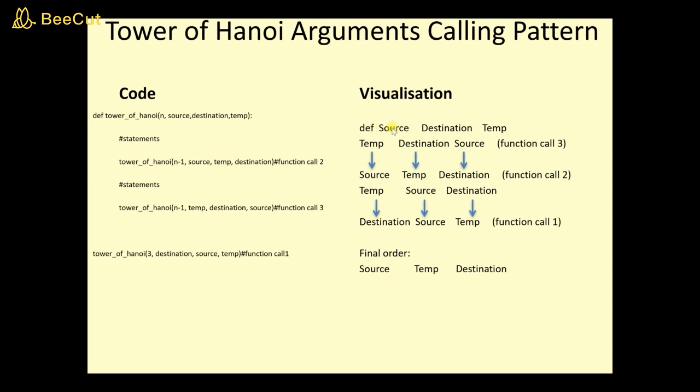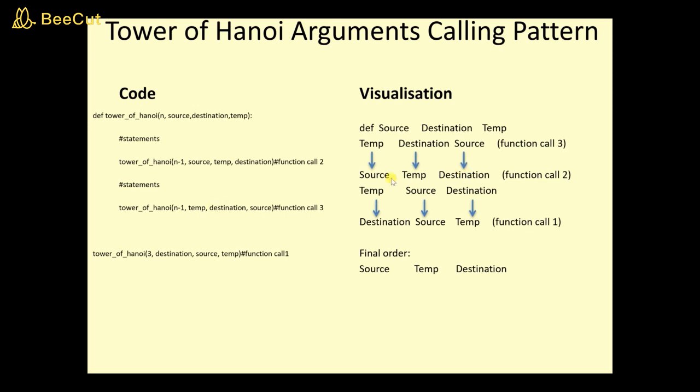So this is the defined function which we have taken from here: source, destination, and temp is in this order. So we have written source, destination, and temp. And function call 3 is called at the last. Function call 3 is called in function call 2.